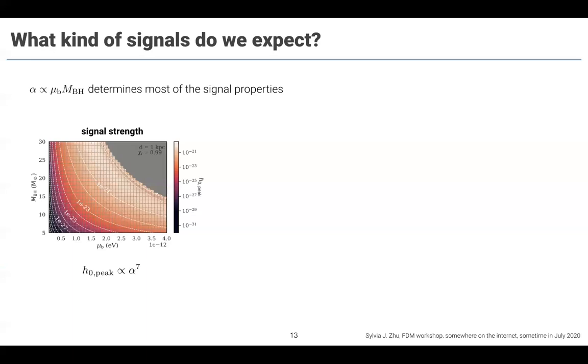Because this peak H0 is dependent on alpha to the 7th, such a large power of alpha, the peak H0 ranges over many orders of magnitude.